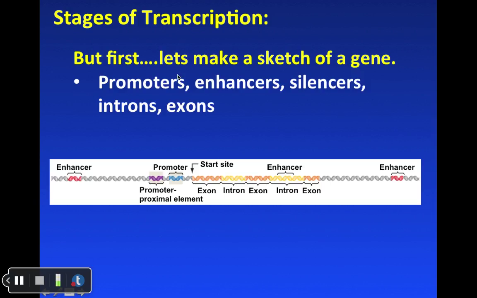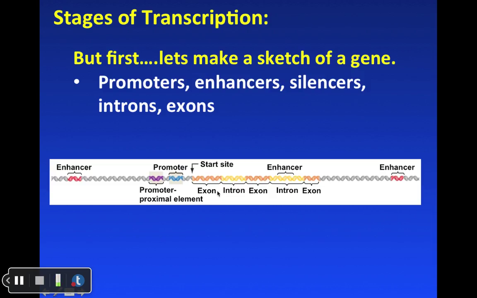Before we look at the stages of transcription, let's take a brief overview of what a gene might look like. We're identifying some of the major regions that we commonly find within eukaryotic genes. Let's begin with this yellow and orange region. This is all part of the so-called coding region, the portion that will actually be transcribed and used to produce RNA.